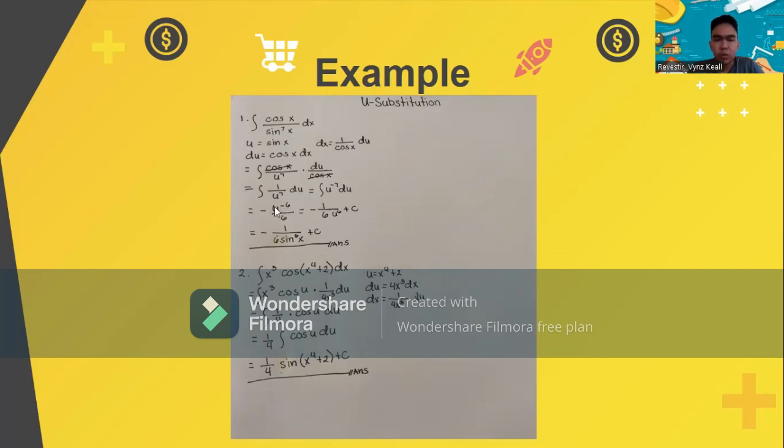So negative u raised to negative 6 over 6, which equals negative of 1 over 6 u raised to 6. Just put it back to the denominator. Then substitute back. The answer is negative of 1 over 6 of sine raised to 6 x plus c.